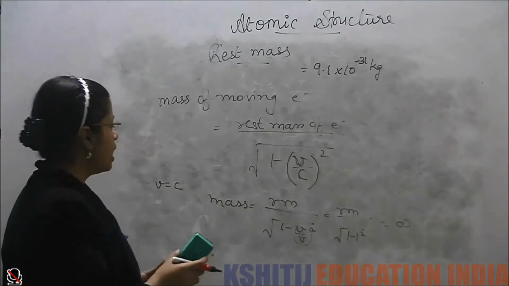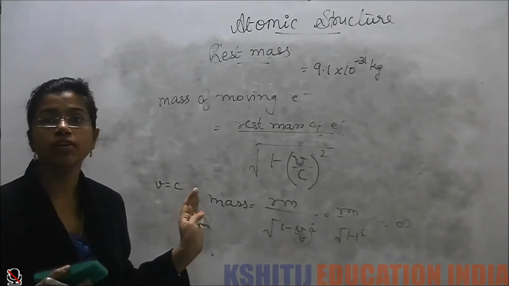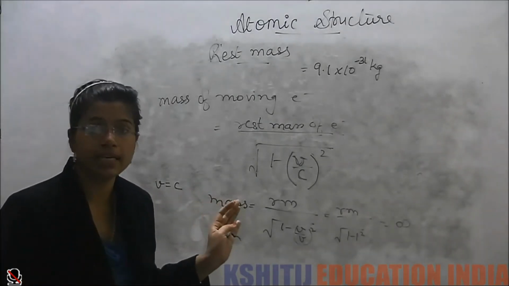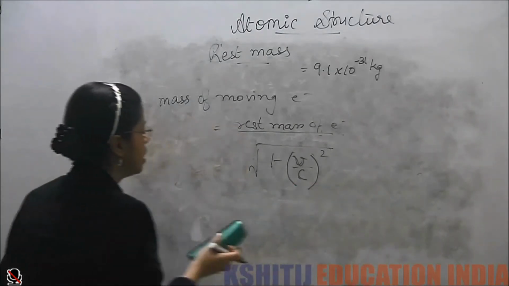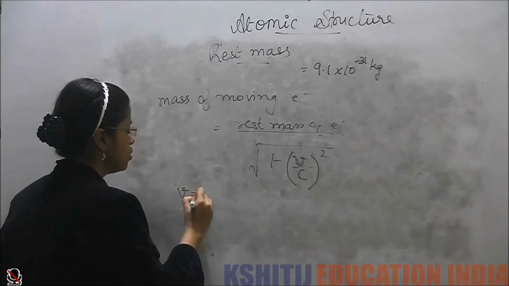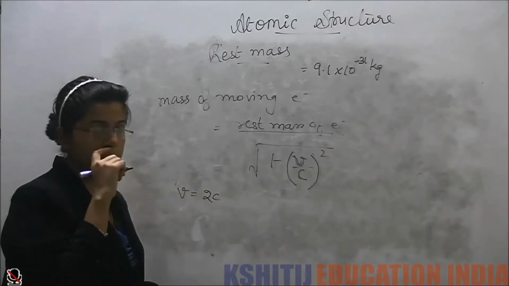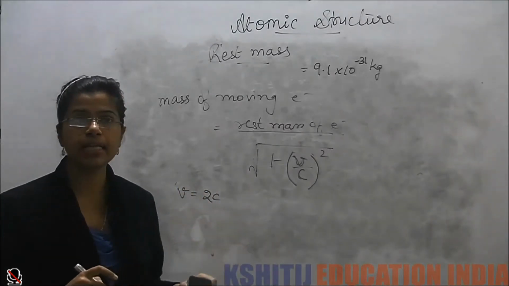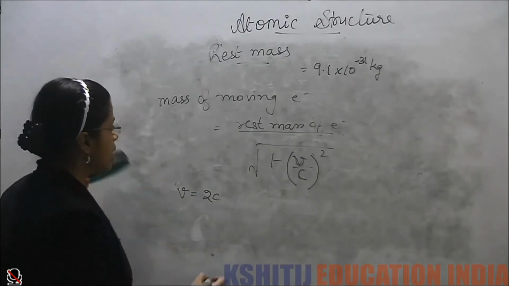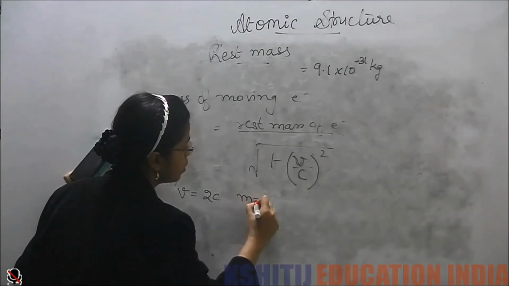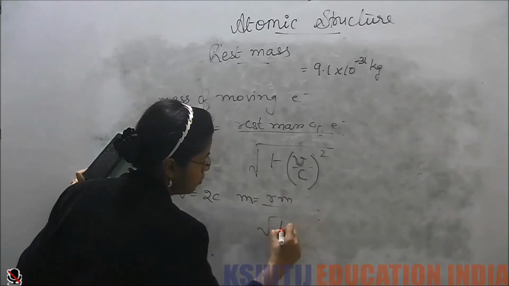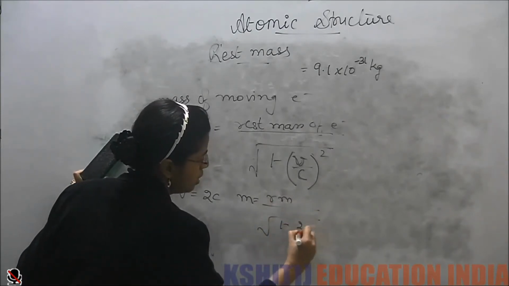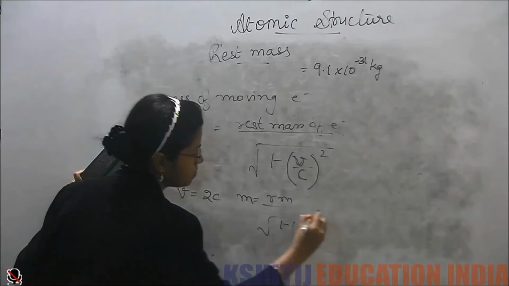And suppose the velocity of the electron becomes greater than c. Let us now assume that we take v equal to 2c. Then in that case the mass will be what? Rest mass divided by under root 1 minus 2c upon c whole square.